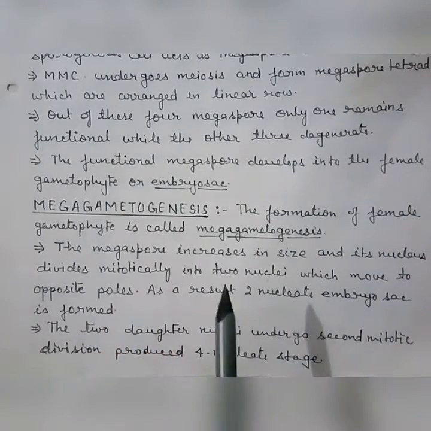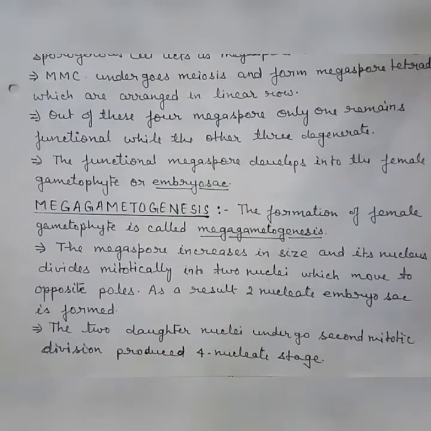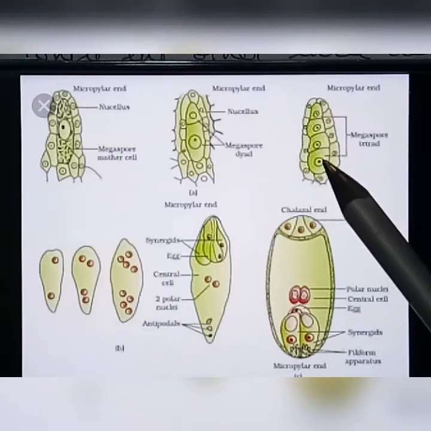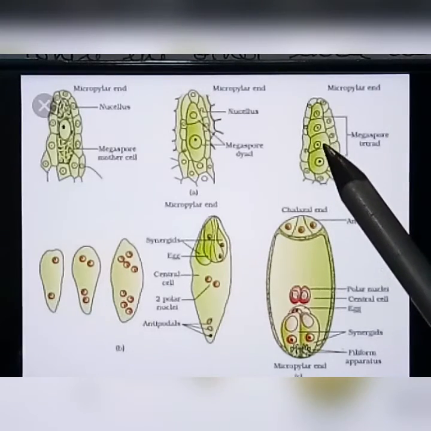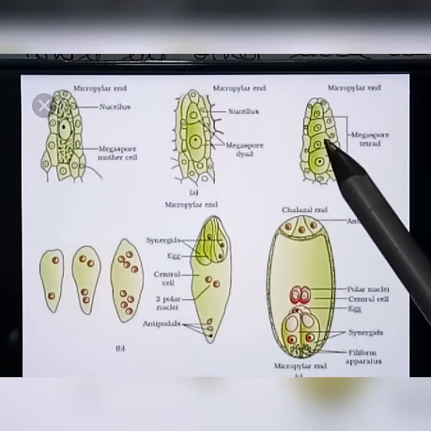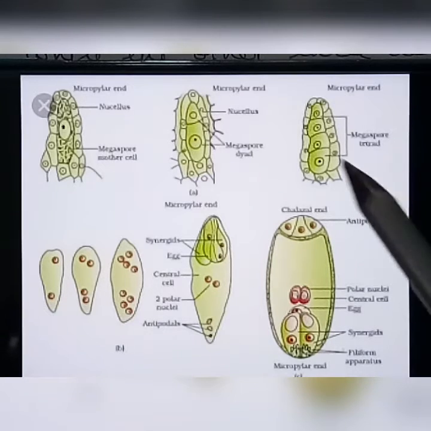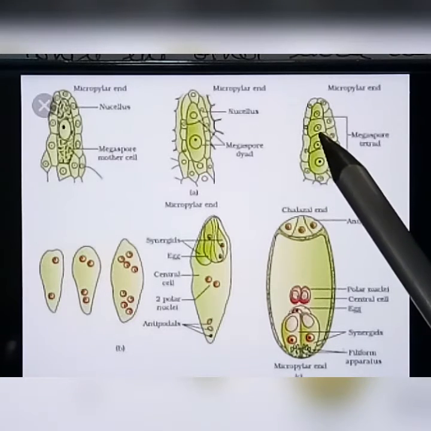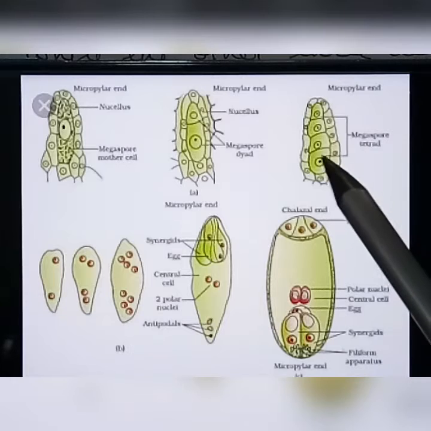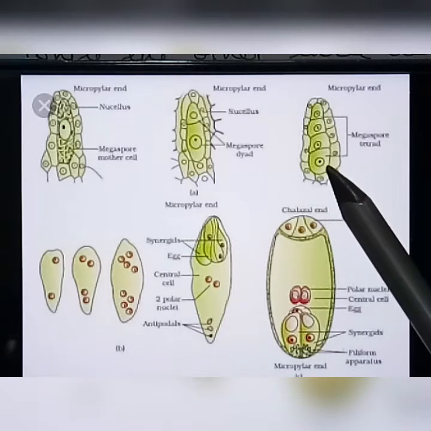Let us see in this figure. In this figure, all the megaspore tetrads are arranged in a linear manner. See, all the four cells are arranged in a linear manner.